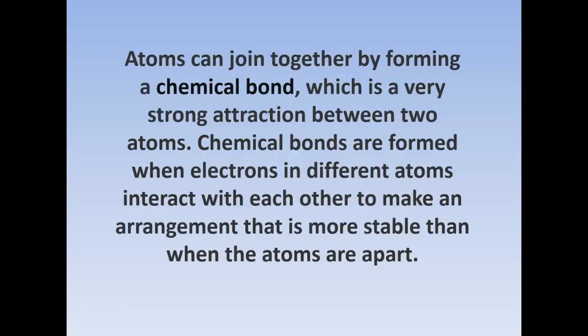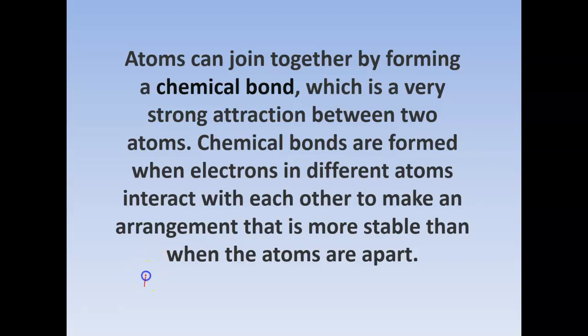So atoms, to become more stable, can join together by forming a chemical bond, which is a very strong attraction between two atoms. Chemical bonds are formed when electrons in different atoms interact with each other to make an arrangement that is more stable than when the atoms are apart.